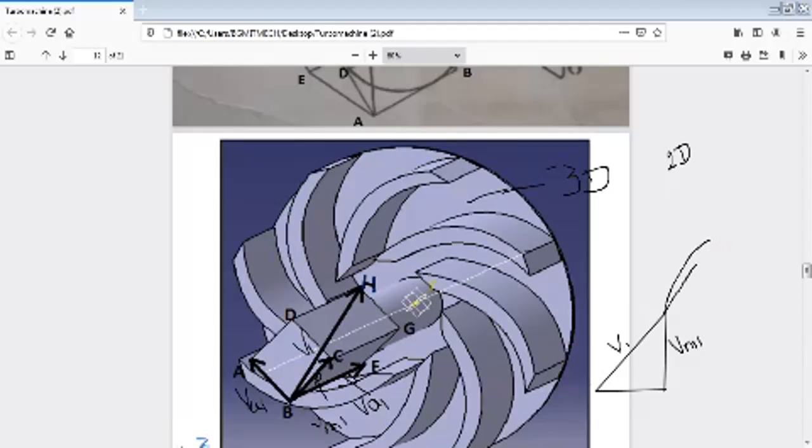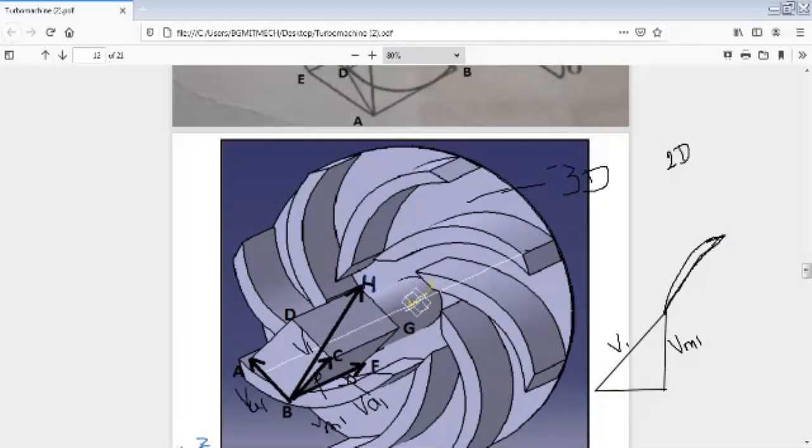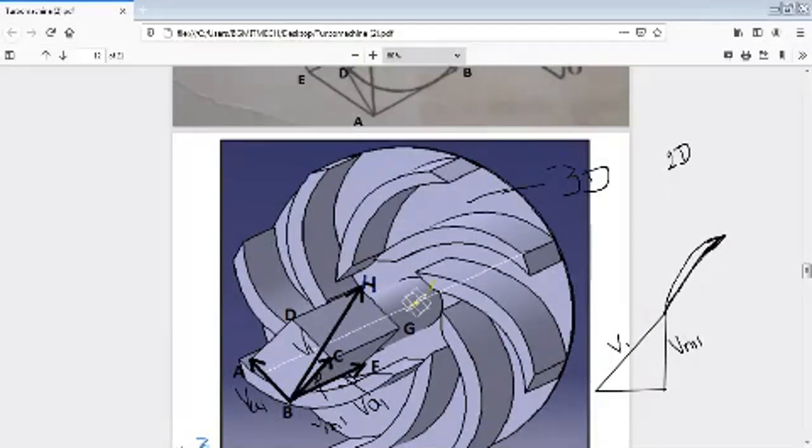I have drawn a blade here. Okay, this is a blade I have drawn. Now this will be the Vu1. I will point out like this. From this to this is the Vu1.